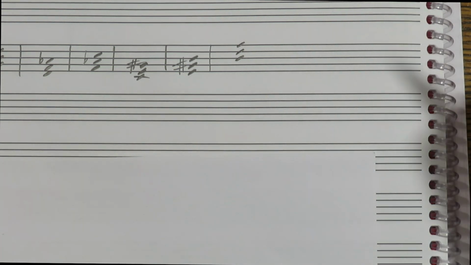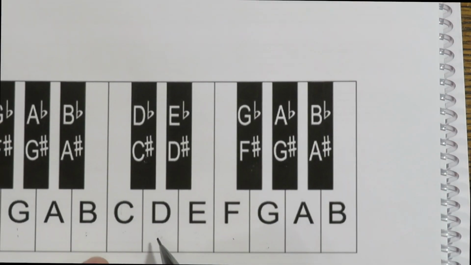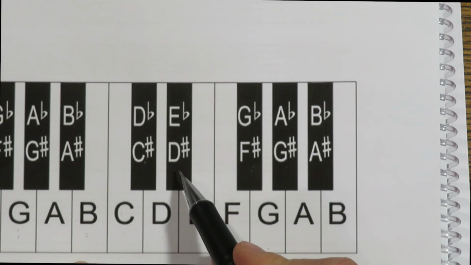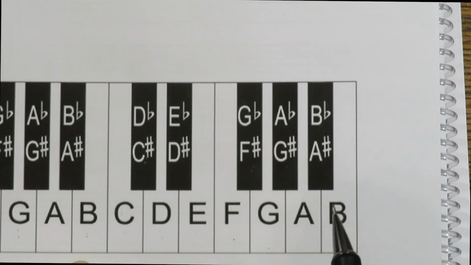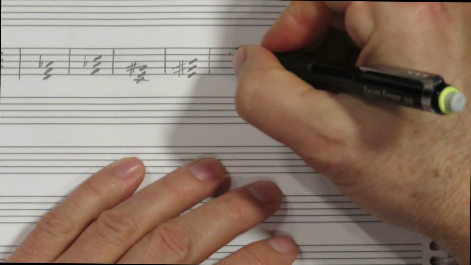We haven't talked about all that yet. So B to D, minor 3rd, D to F is another minor 3rd, so that would be diminished. Now we want it augmented, so we're going to do major 3rd to another major 3rd. All right, so B to D sharp, whole step, whole step. Okay, let's write that in. B to D sharp.